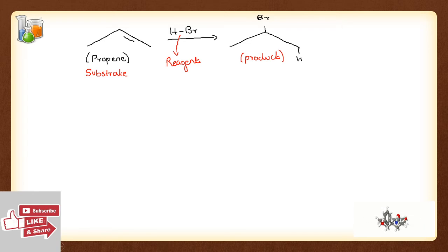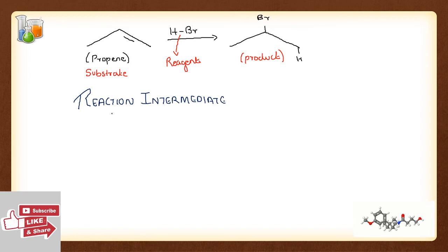Now, the next term that we have to look into is the reaction intermediate. In an organic reaction, the reaction intermediate holds a very important position. Now, let us understand what is the mechanism of a reaction.